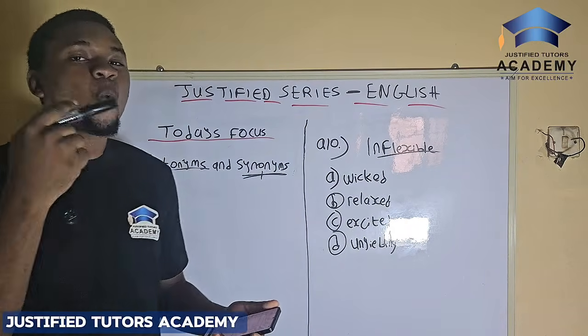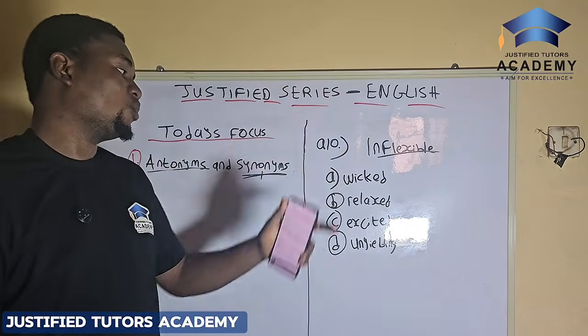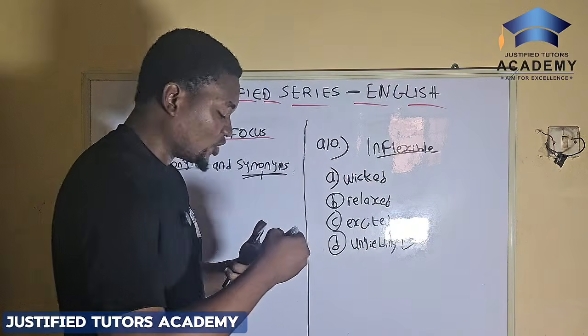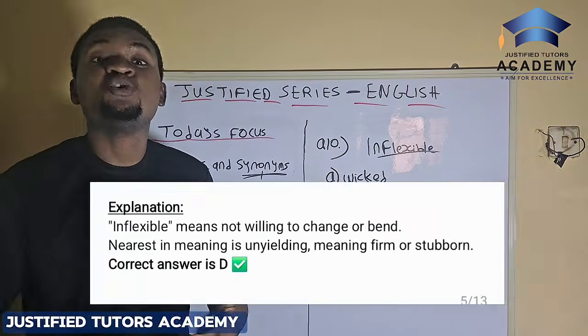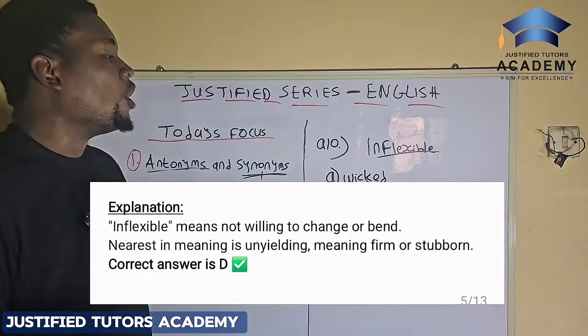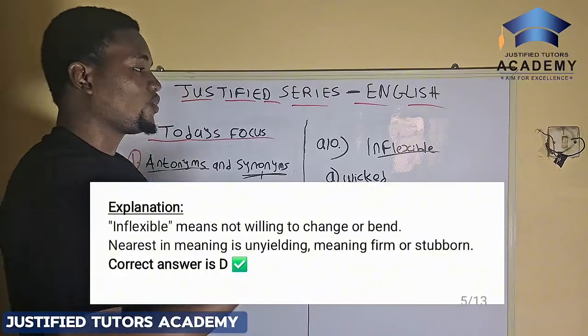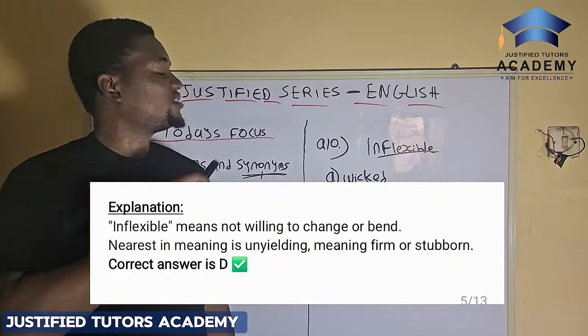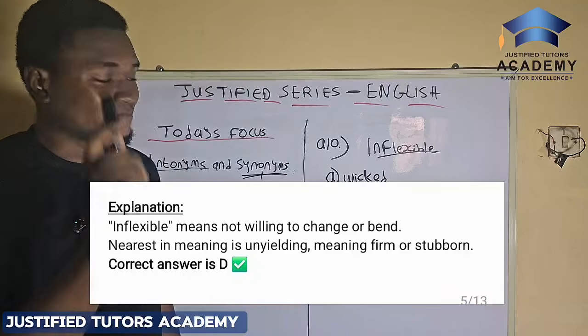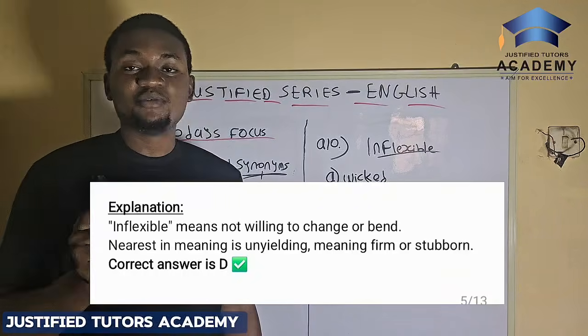So what is the nearest meaning to that word? The answer is D. Sir Justified is not willing to yield to any other person's idea once he has made up his mind. Once he has said that all the students will blast 300 plus, he is not yielding at all to any other thing. All the students will blast it. Exactly. So that is exactly what it means.